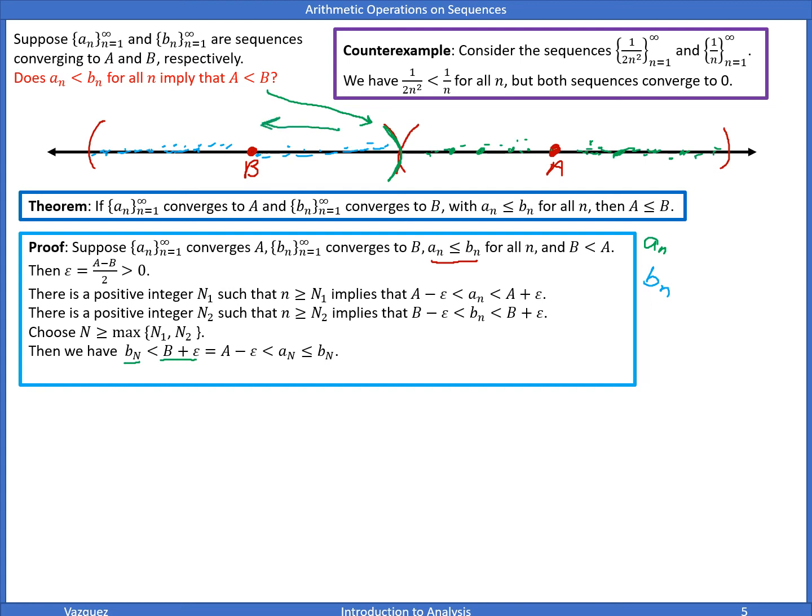And well, this is also equal to a minus epsilon here, which is less than or equal to all but finitely many terms of an in this neighborhood. Well, why am I using blue? That's confusing. Sorry, I messed these colors up. I was using green for bn, so I should use that.